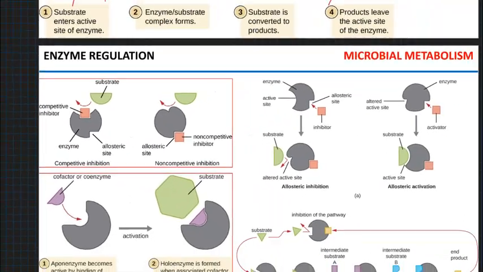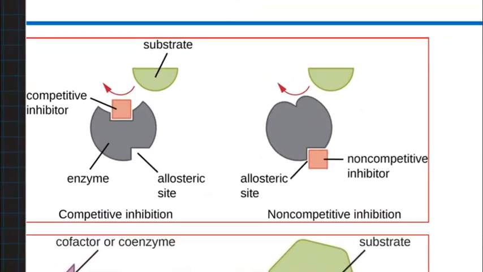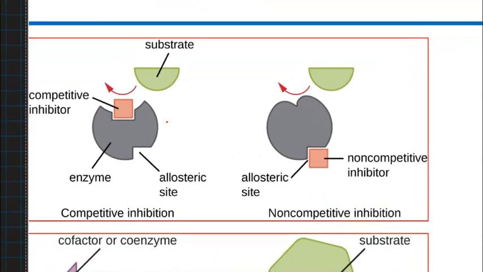So the activity of enzymes can be regulated through inhibition or through activation. So first, let's talk about inhibition. So here, you can see an enzyme with its active site occupied by the inhibitor.